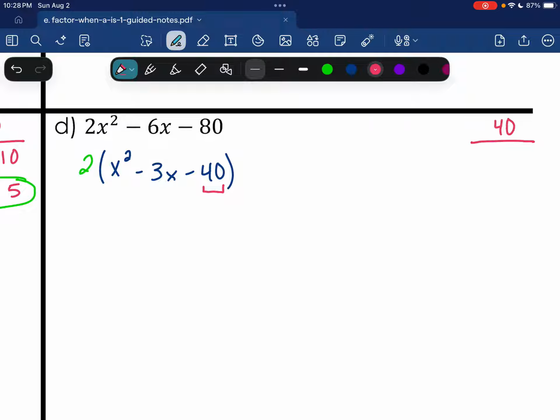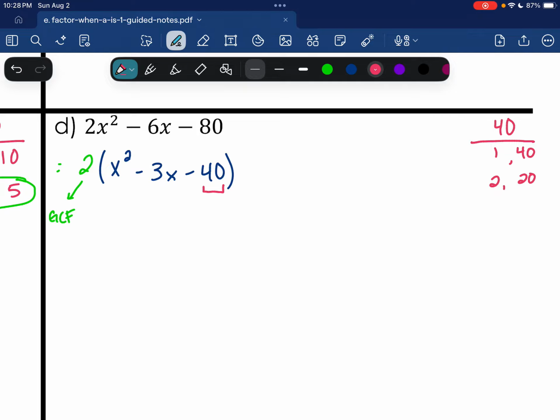The reason I do this, by the way, some of you might be like, oh, well, I can just think of the factor pairs all in my head. But I know for a lot of students, even if they do feel really comfortable with their times tables, having a way to organize your thoughts is super, super handy.